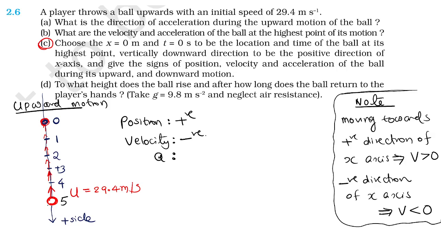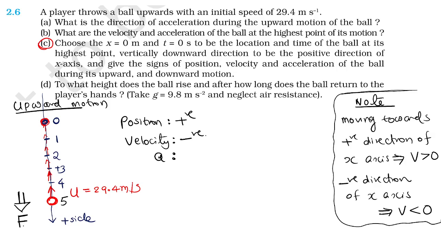Acceleration means force. To find the direction of acceleration, you think about the force. The body may be going up or down, but the force experienced by the body will be downward.